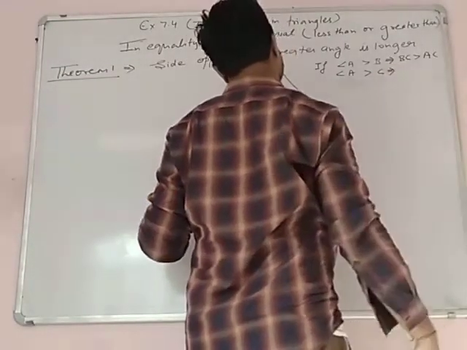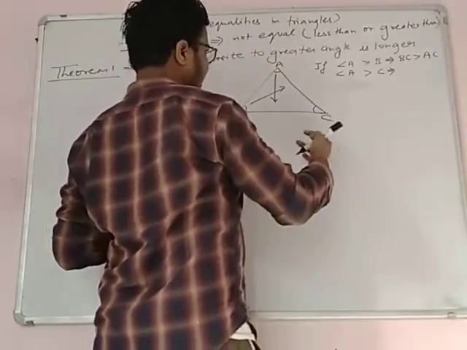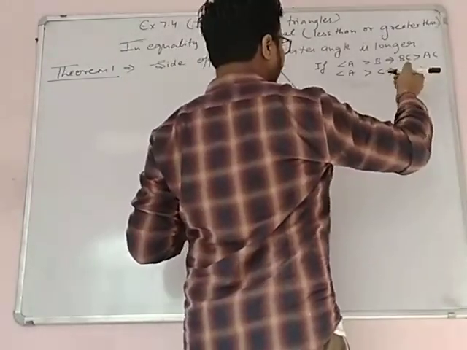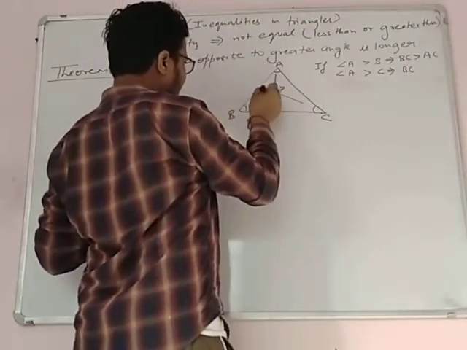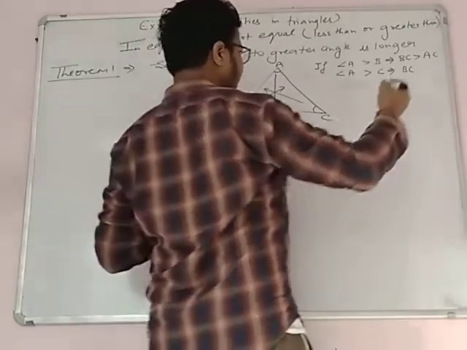Same in that case, the side opposite to angle A is BC and the side opposite to angle C is AB.